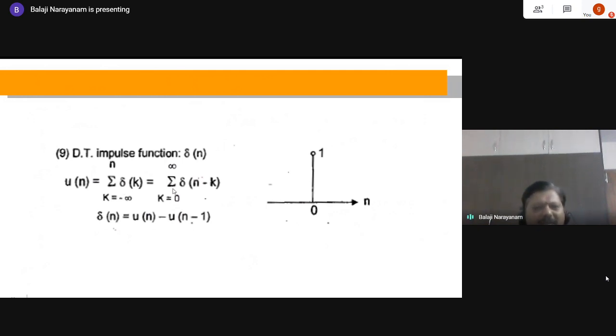Let us take n minus k as the argument, delta of n minus k, with the lower limit being 0, so the sum over k equal to 0 to infinity of delta of n minus k. Now you can get an easy relation between delta of n and your unit step function. This is the relation between your unit step function and unit impulse function: delta of n is equal to u of n minus u of n minus 1.